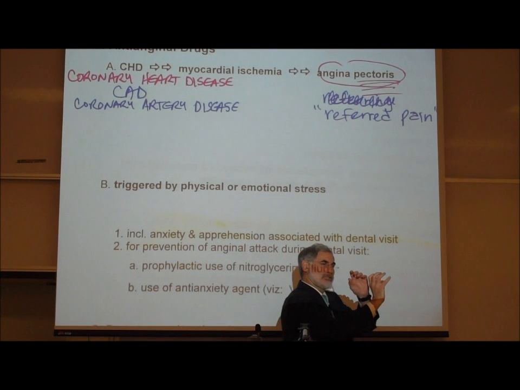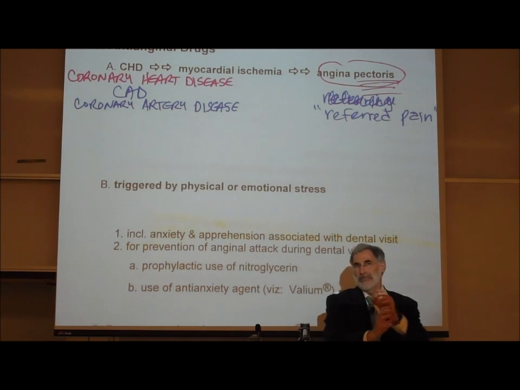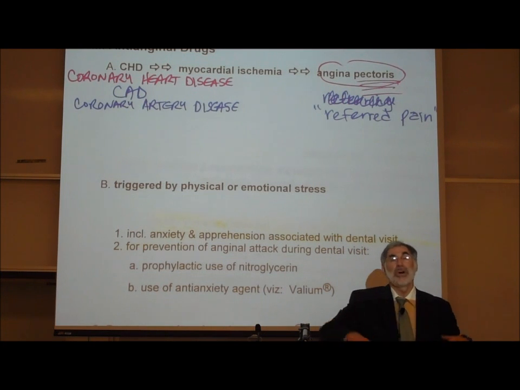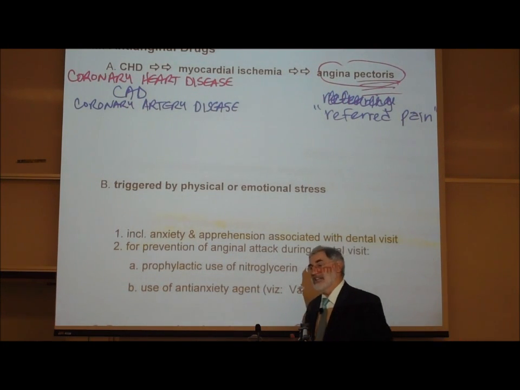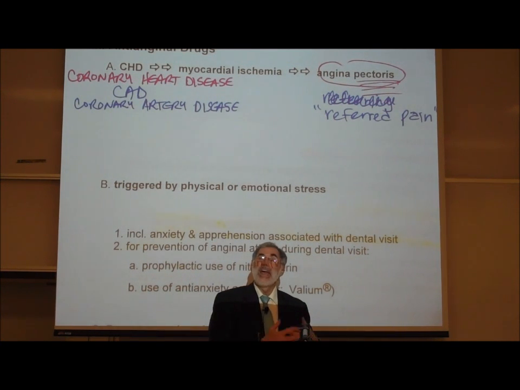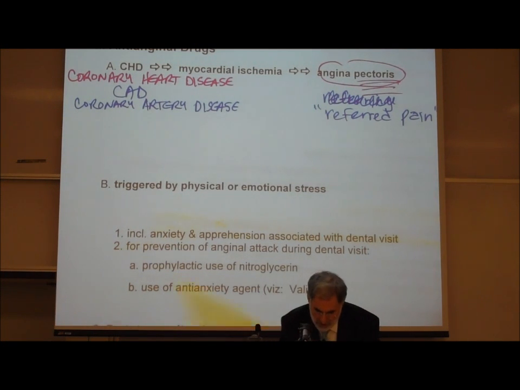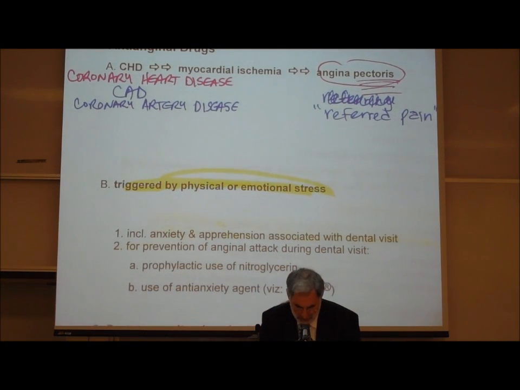Because these arteries are so clogged up, they may be able to provide sufficient oxygenated blood when the person's sitting, but when they're stressed, the heart is not getting sufficient oxygenated blood, and that brings on myocardial ischemia and angina pectoris. So it's usually brought on by physical or emotional stress.